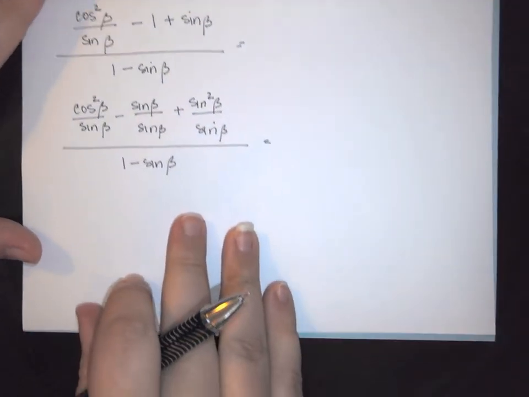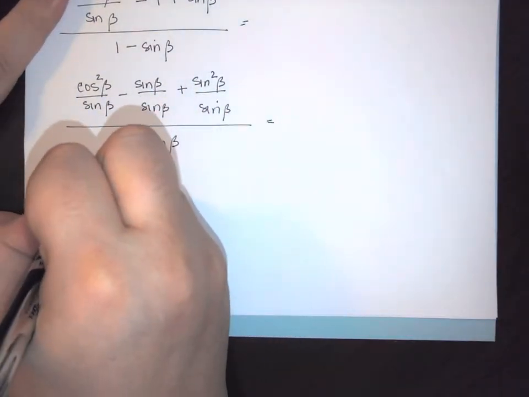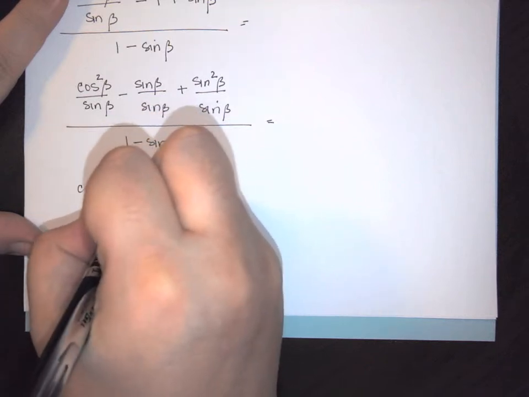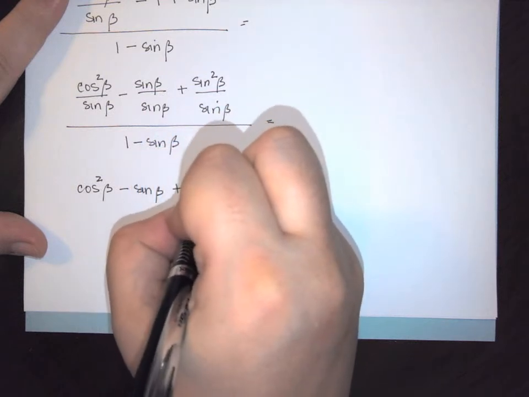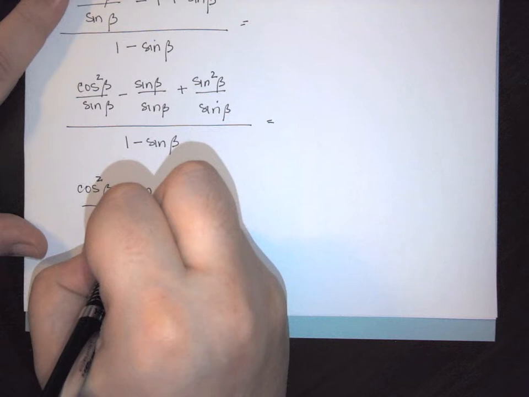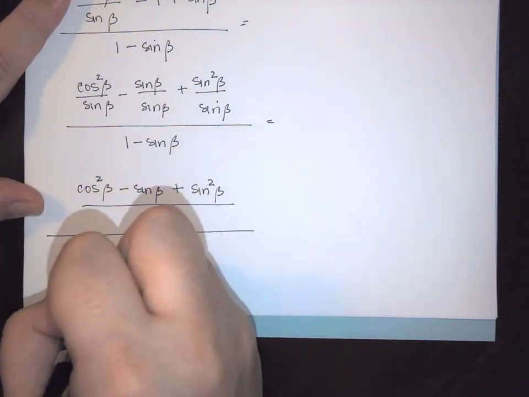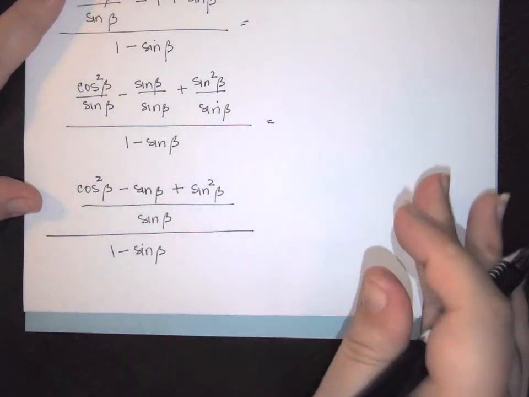So I can go ahead and rewrite my numerator. So this is going to be the cosine squared of beta minus the sine of beta plus the sine squared of beta. This whole thing is over the sine of beta, again, which is still over 1 minus the sine of beta.